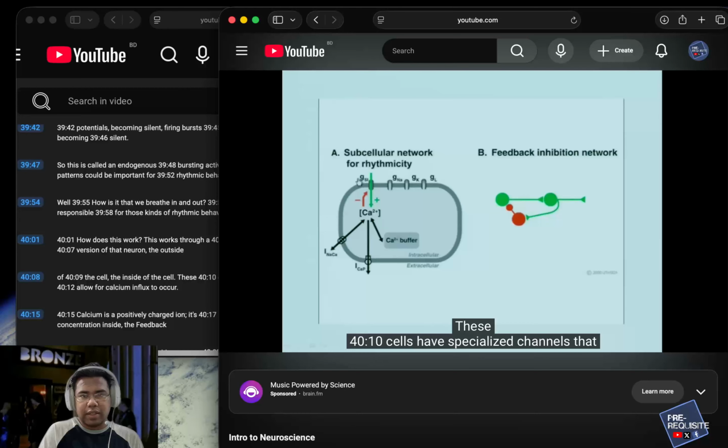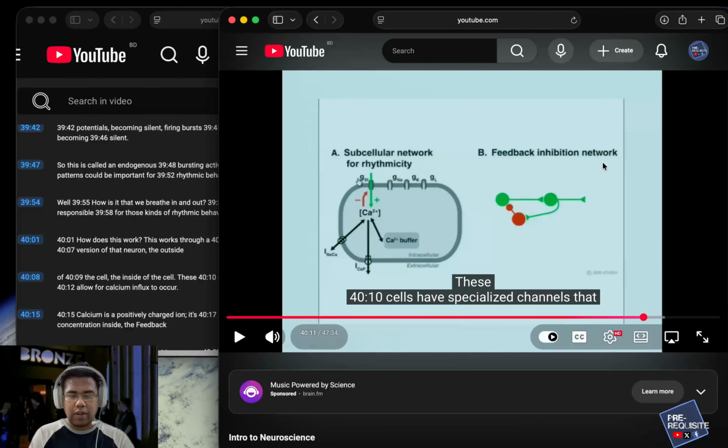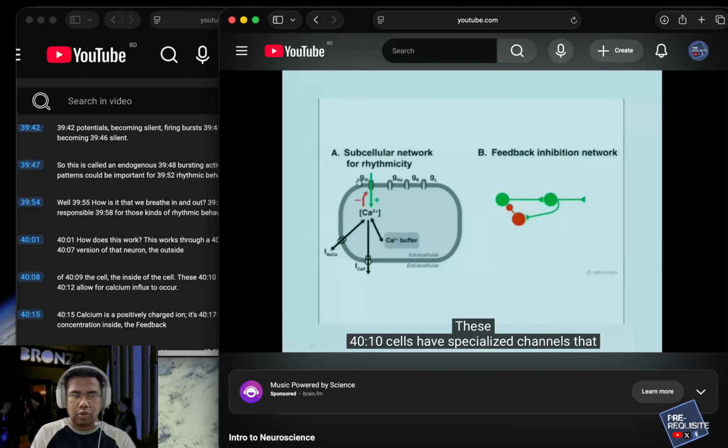The word channel comes up a lot when talking about neurons and how chemicals, mostly ions outside of the cell, enter in. So the term for that is channel. And the word influx is good vocab to keep in your repertoire.